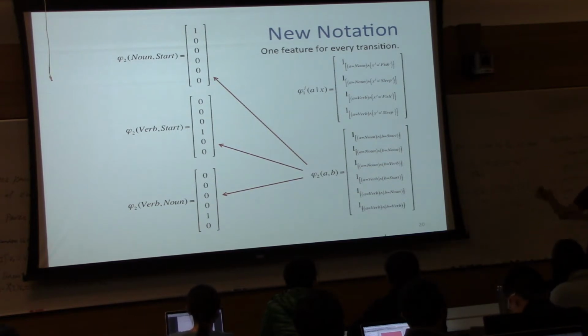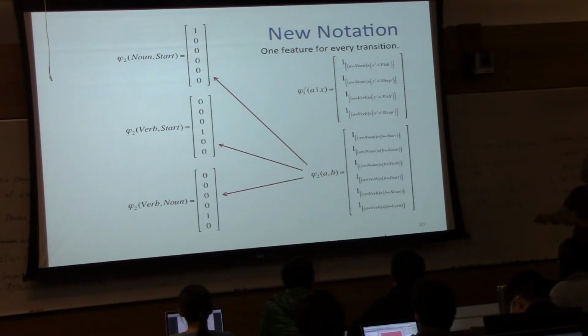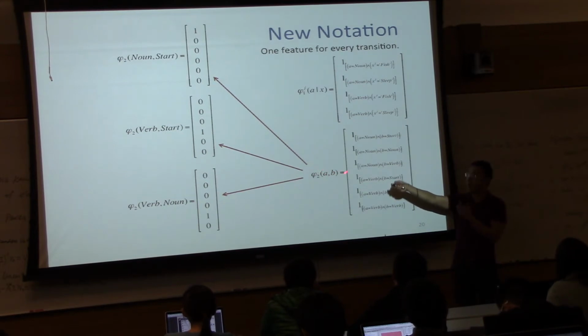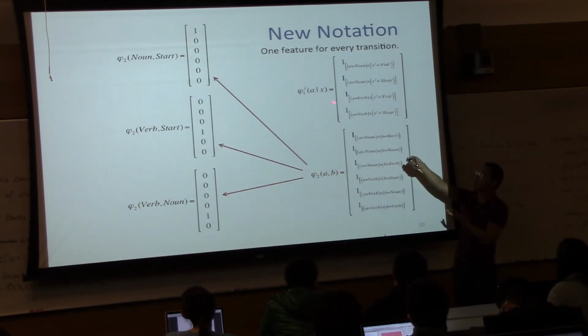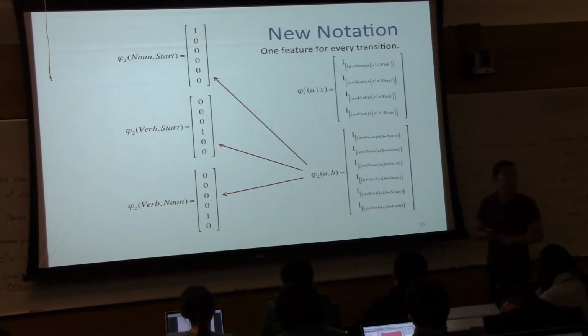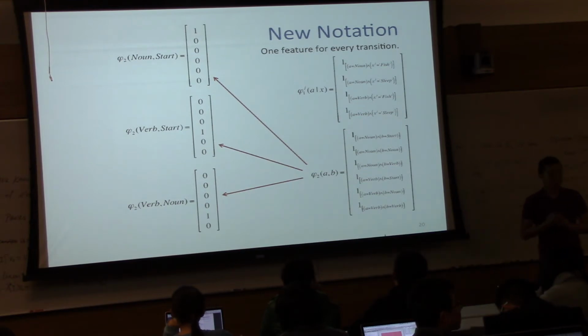In CRFs, you can have whatever features you want, as long as they structurally obey the basic assumptions and the basic restrictions of these two feature vector formulations. This one can only depend on a pair of tags and possibly the word. This one can only depend on a single tag and a word, right? You could have arbitrary features as long as they obey those restrictions. Okay. So if you made a time tag, you could have that in there. Yeah.